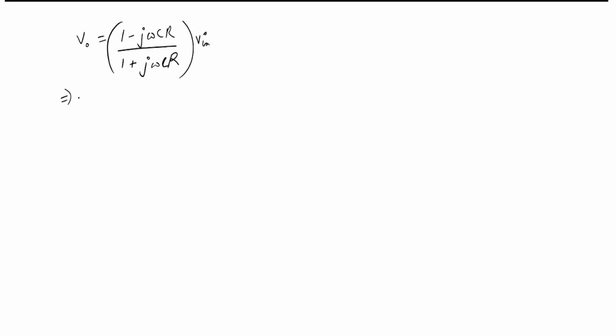So what I'll do is V naught by V in, 1 minus j omega CR. Now see, on the right hand side, the expressions are complex numbers. So a complex number, we can write x plus i or j, whatever you want to call it.